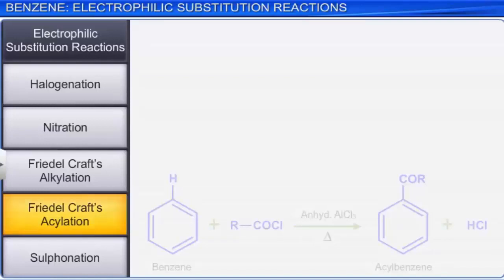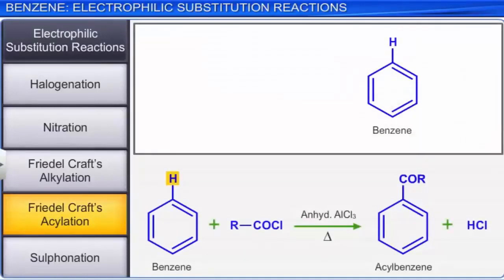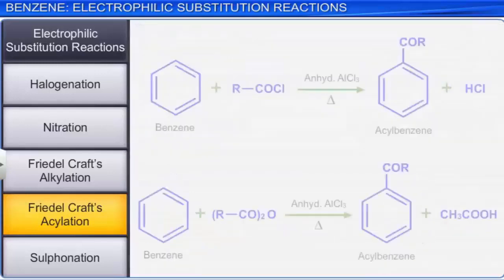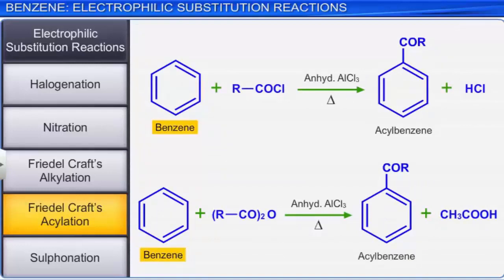Now let's look at the acylation reaction. When the hydrogen atom in a benzene ring is replaced by an acyl group, it is known as acylation reaction. When benzene is treated with acyl halide or acid anhydride in the presence of anhydrous aluminium chloride, benzene forms acyl benzene.